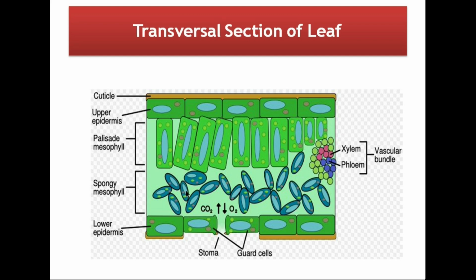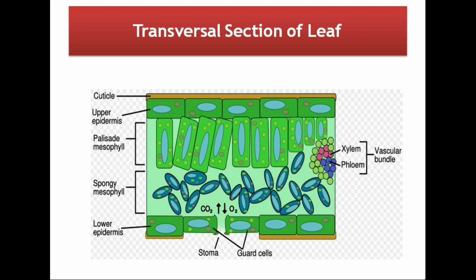The spongy parenchyma has irregular cells with more intercellular spaces, and these cells contain fewer chloroplasts. We can see that these dot-like structures are nothing but the chloroplasts.